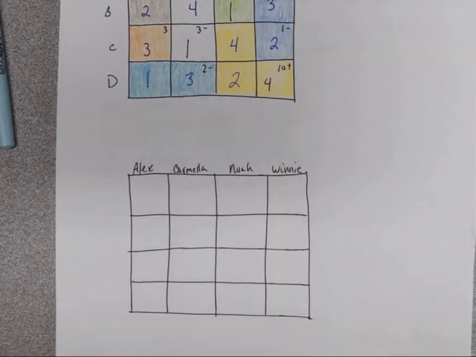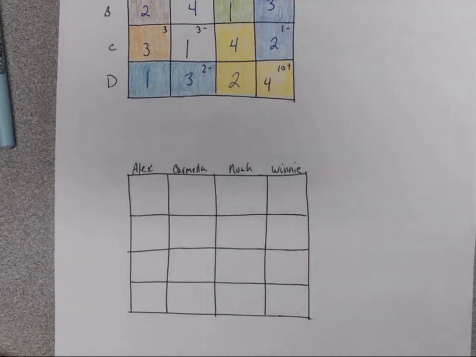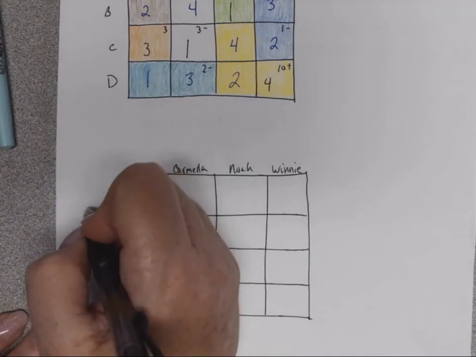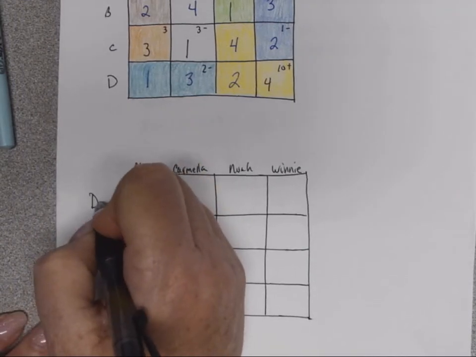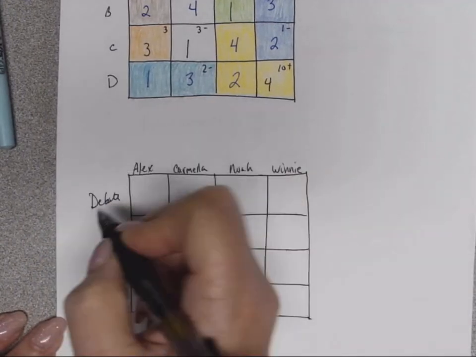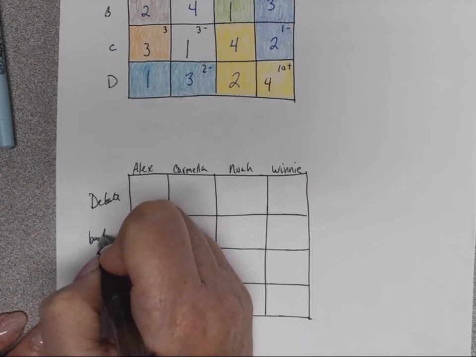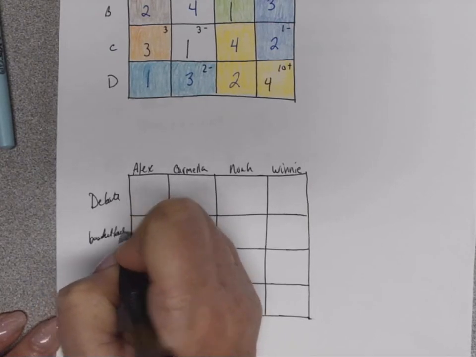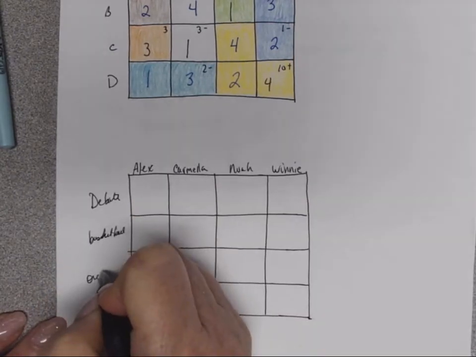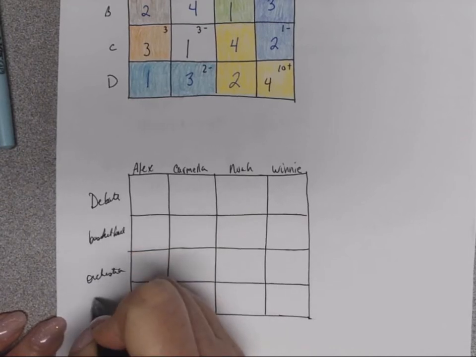We'll put them in alphabetical order. And then we know that they are in 4 activities: debate team, basketball, orchestra, or theater. So we have debate, basketball, orchestra, and theater.